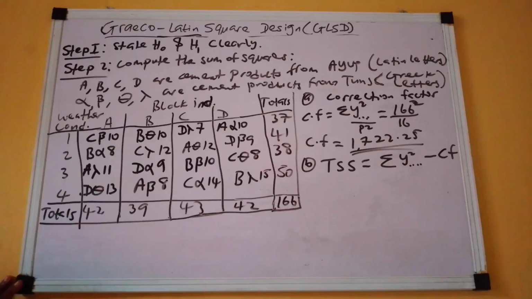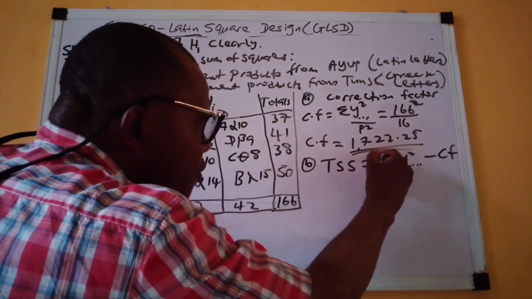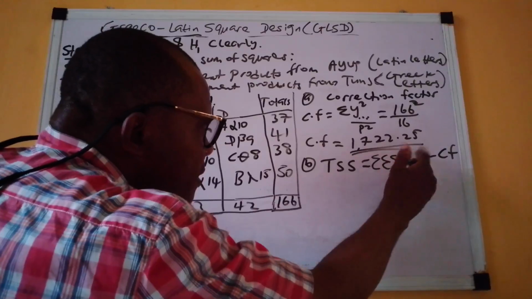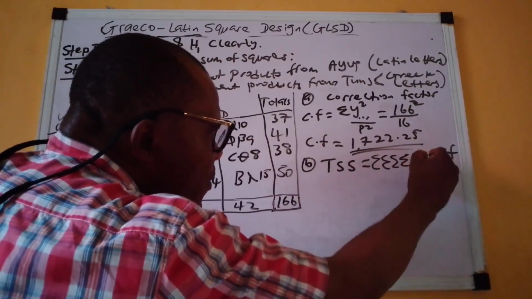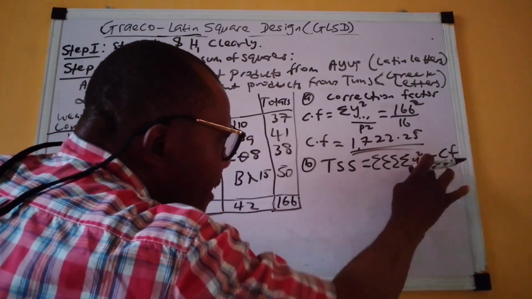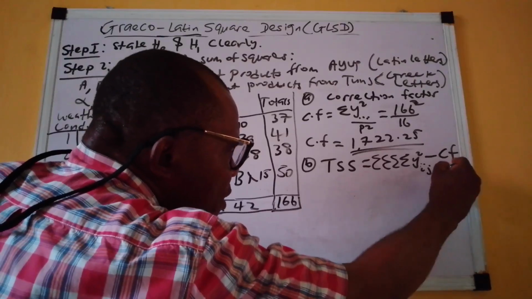That means you are taking each of the y, of course it runs across the first summation, 1, 2, 3, 4, then y squared dot, or it can come like that, i, j, l, and g.